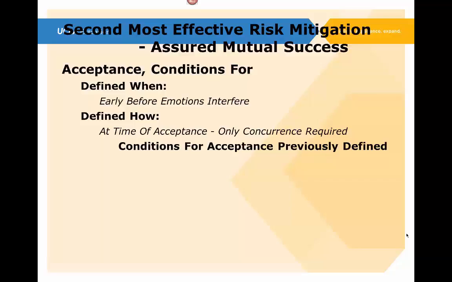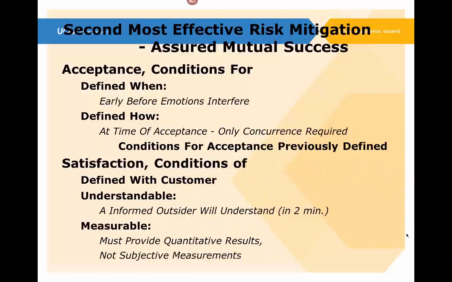The customer doesn't have to sit there and put their career on the line saying they're going to take acceptance. Acceptance has already been defined. All they have to do is concur with you that all this criteria for acceptance has been met, it has been demonstrated, and therefore the conditions for acceptance as previously defined have been met, and therefore you can sign off for acceptance. Okay?